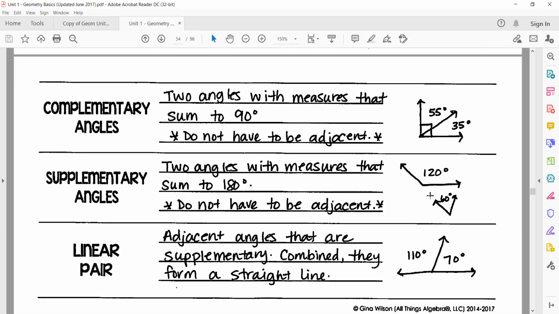You're not telling them that you like their hairdo. That's a bad dad joke, so sorry. But they add together to equal 90. Complementary angles always will total 90 degrees, and they don't even have to be adjacent to each other. In this drawing, they are adjacent. And they're showing us with this box in the corner that the total is 90 degrees.